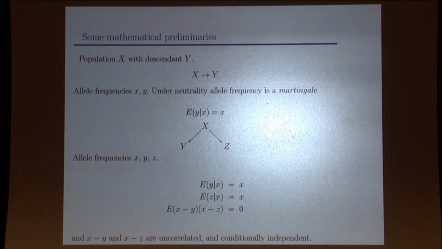Let me just give you a little bit of background on that. Take two pieces of DNA which align, a tiny piece of my chromosome and a tiny piece of your chromosome that correspond to the same place in the genome. And those two pieces would have a common ancestor back in time.